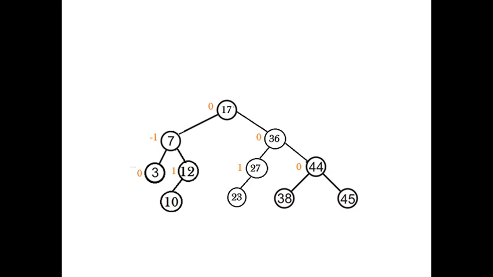But if it has become -2 or 2, I mean greater than 1 or less than -1, we have to tackle the problem. First we have to identify the problem as left of left, right of right, left of right, or right of left, and accordingly we must follow the procedure to make it balanced again.